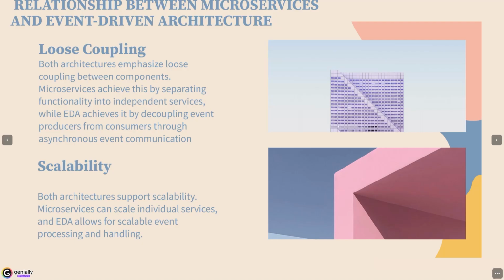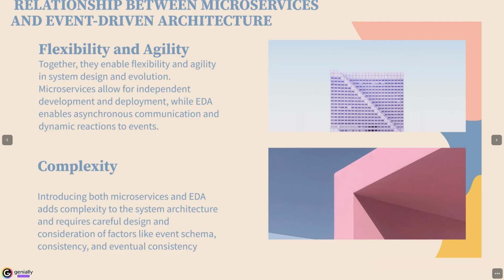The other one is scalability. Both architectures support scalability. Microservices can scale individual services, and event-driven architecture allows for scalable event processing and handling.